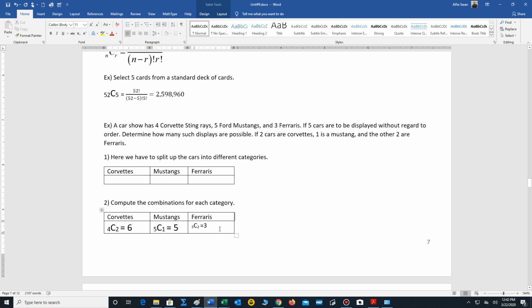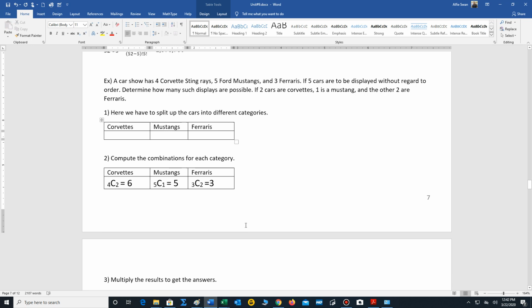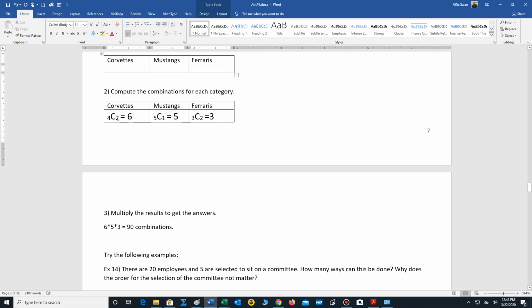So 5C1 is 5. And finally, we compute the combinations for Ferraris. There's 3 to choose from, and we're selecting 2. So 3C2 is 3. Once we compute each of these values, we just multiply them together. That's going to give us all the different combinations, or in this case, displays of cars without regard to order. So there's 90 such combinations.